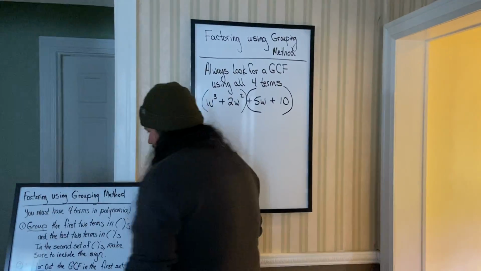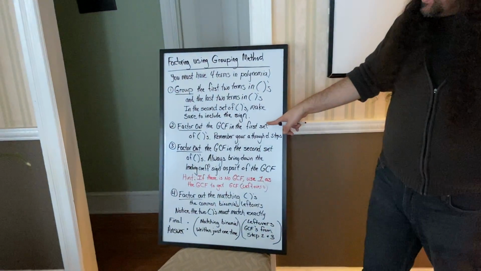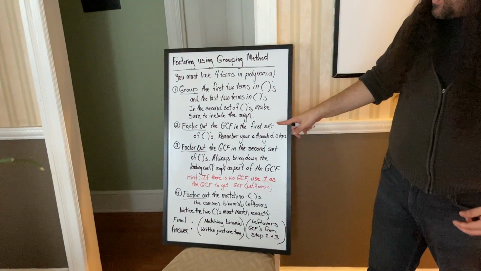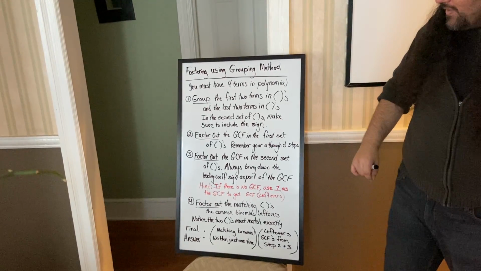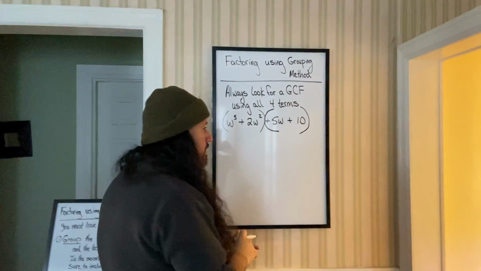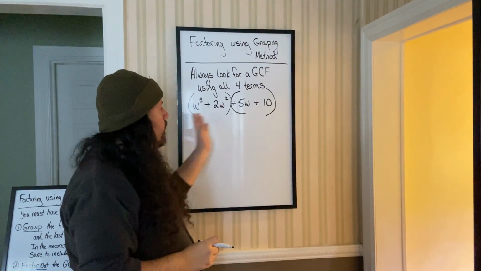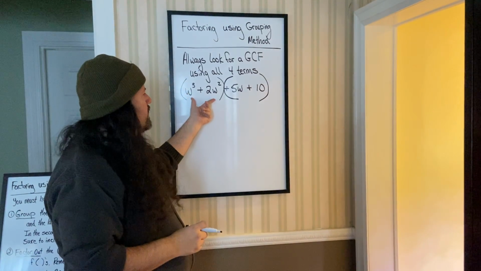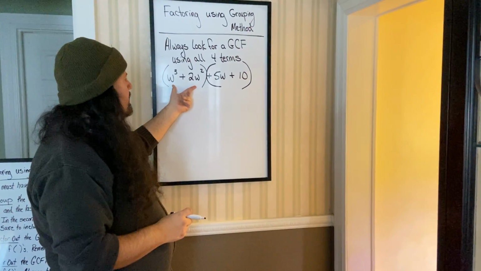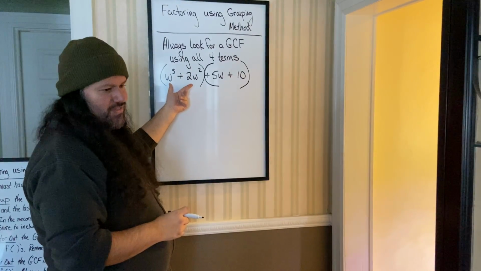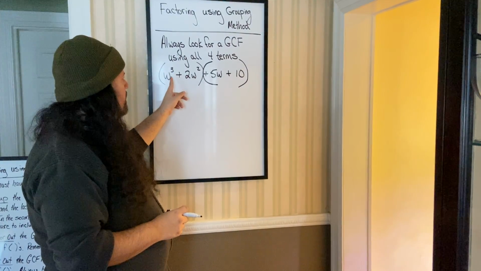That's your first step. The second step says, now that I cut this problem into 2 mini problems, I'm going to factor out the GCF in the first set of parentheses. So in our first set of parentheses, remember, we saw that there was no GCF using all 4 terms, but here I'm going to see if there's a GCF only using the first 2 terms. Notice, there's no matching set of parentheses, but we do have the same letter.